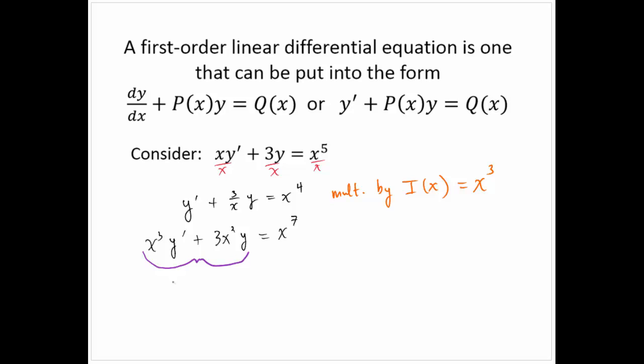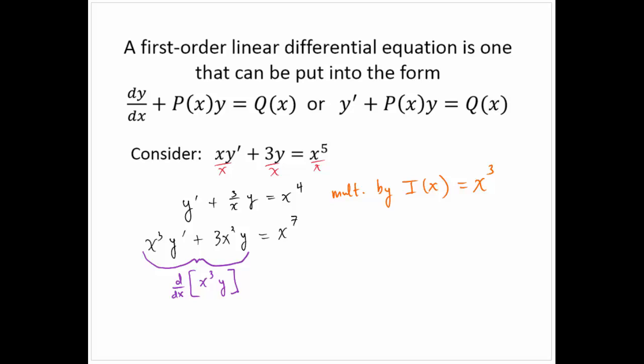The left-hand side is the derivative with respect to x of x cubed y. And so when we have this linear differential equation and we multiply by that integrating factor, this nice thing happens every single time. We get a derivative that's a result of a product rule.